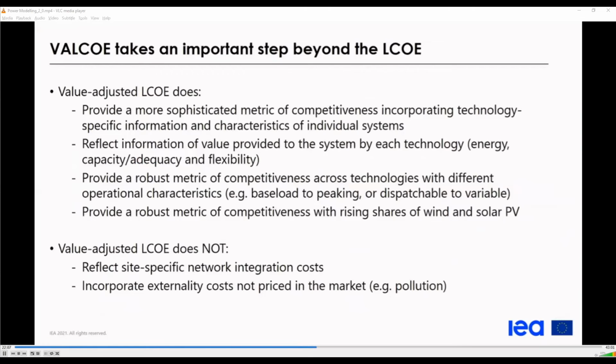It is not perfect. A few of these limitations include that they are not site specific, so the network integration cost, for example, is not there. And it doesn't include externality costs that are not priced, for example, air pollution.